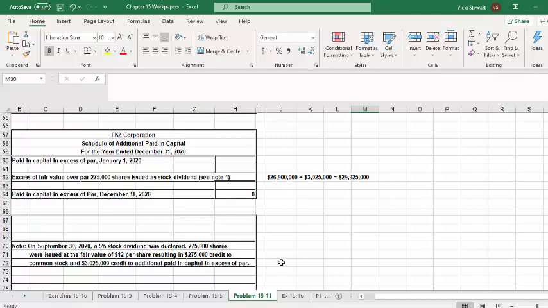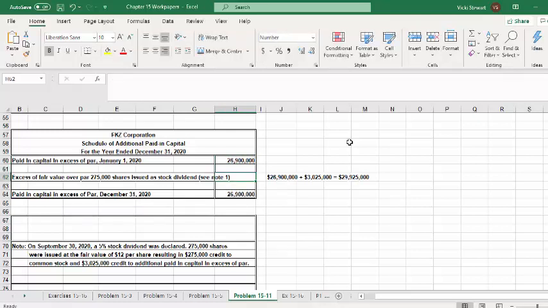The next thing we are going to do is to complete the schedule of additional paid-in capital for FKZ Corporation for the year ended December 31st, 2020. The problem told us that the beginning balance for additional paid-in capital at January 1st was $26,900,000.